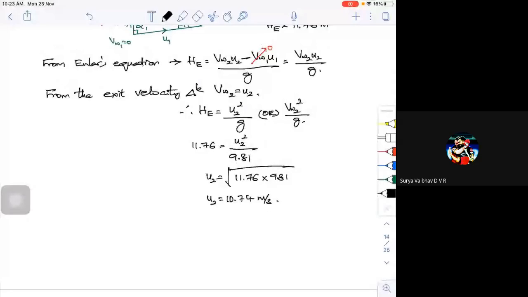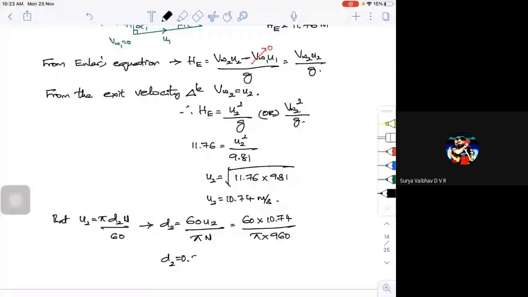But U2 is equal to pi D2 N by 60. So D2 is equal to 60 into U2 divided by pi into N. I'll substitute all the values: 60 into 10.74 divided by pi into 50.